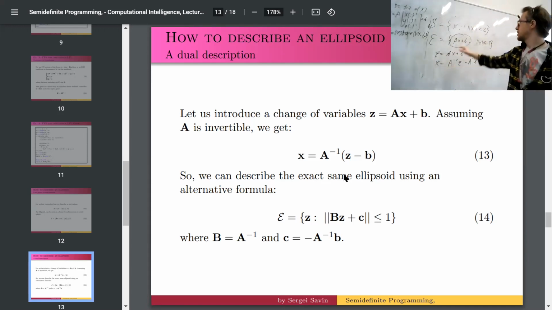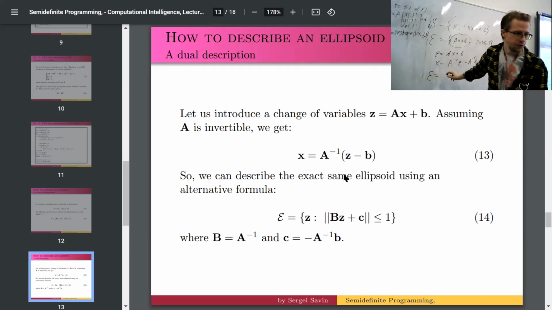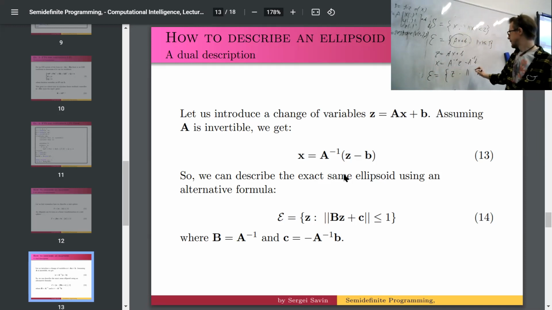Now, let us rewrite this formula. The ellipsoid is the set of all z such that ... z plus c. So you can rewrite it this way as long as your B is equal to A inverse, and as long as your c is equal to A minus 1.